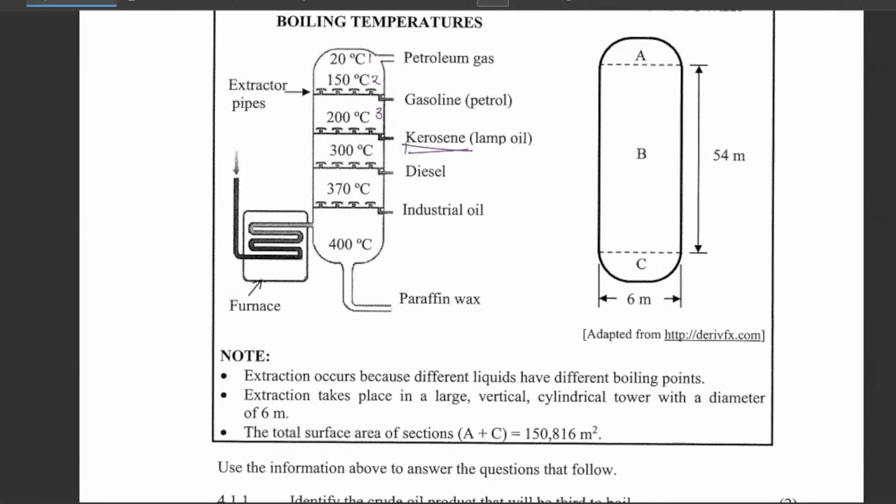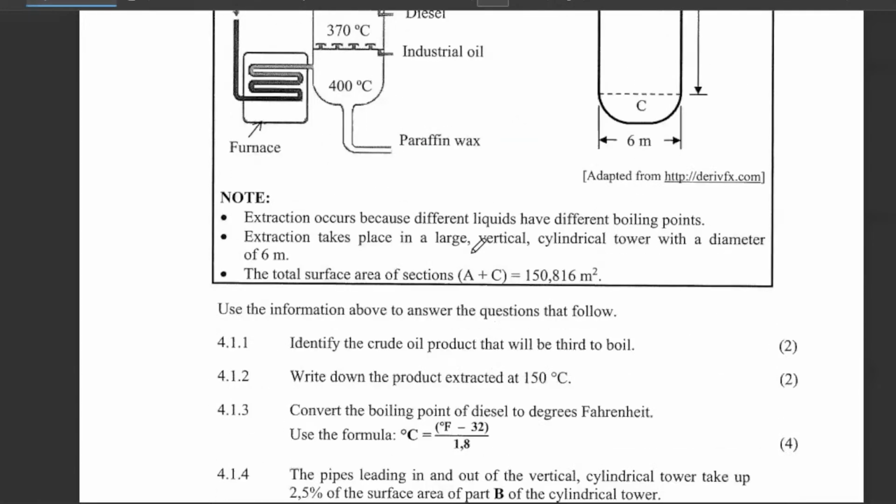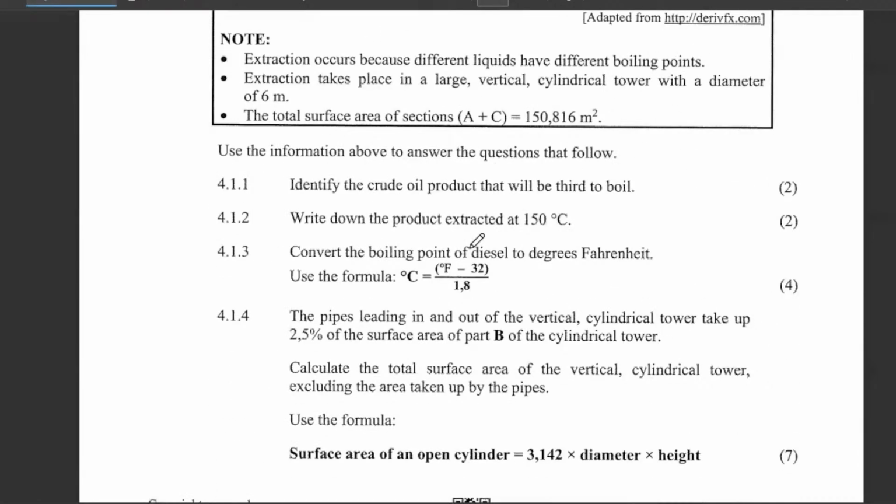This is the third one to boil. Lamp oil.